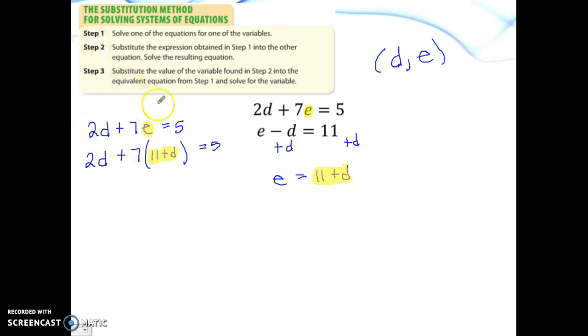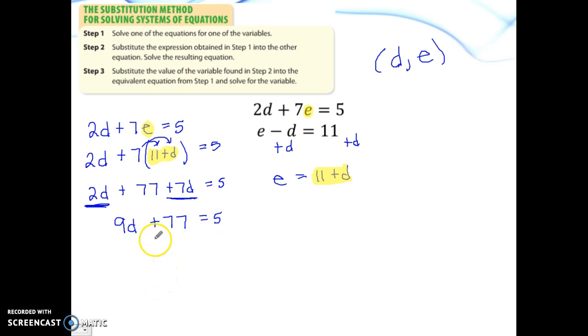So if we solve this, again, use your distributive property, multiplying through the 7 times both. I get 2D plus 77 plus 7 times D is 7D equals 5. If I combine like terms, I have a 2D and a plus 7D, so that's 9D plus 77 equals 5.